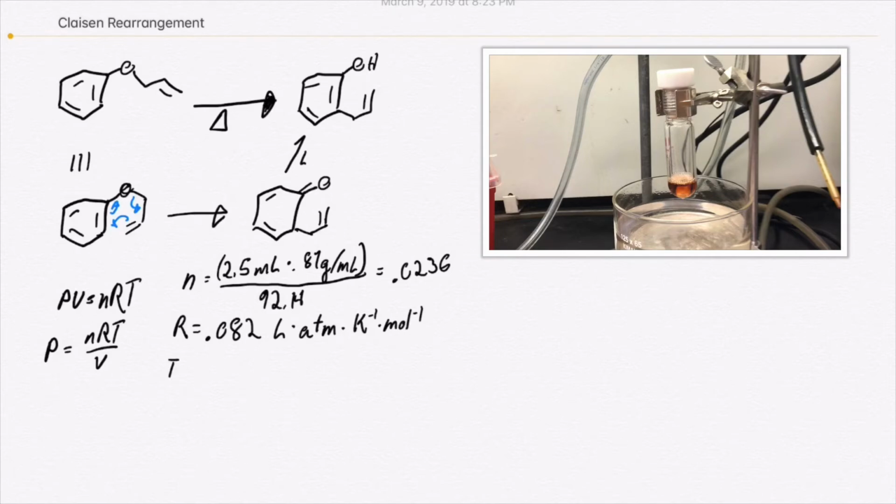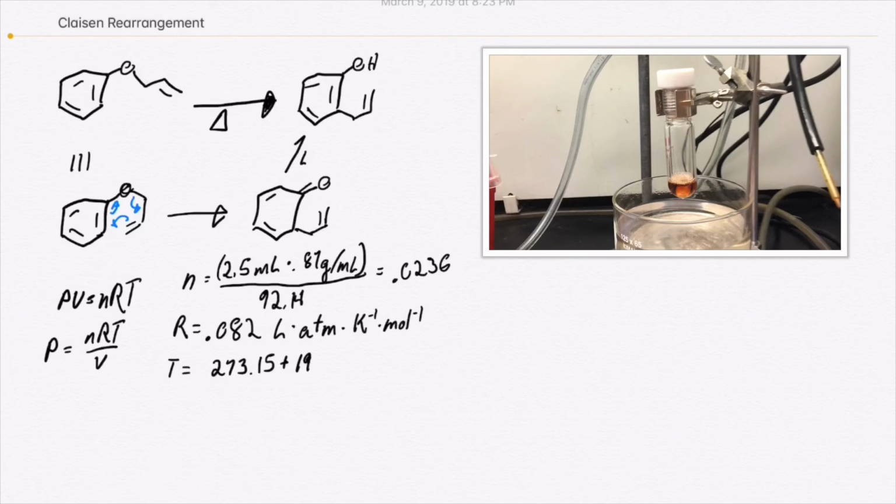Temperature is going to be equal to 273.15. So negative 273.15 is absolute zero. And then 0 degrees Celsius is positive 273.15 Kelvin.